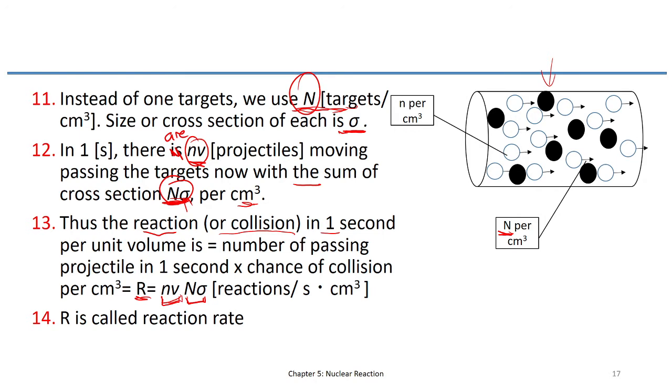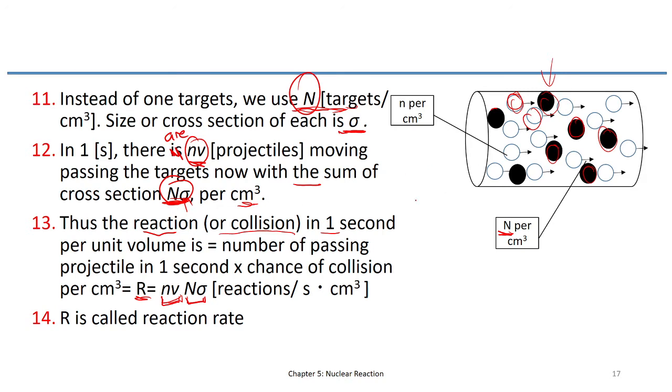So let's think that the moving projectile hits the target nucleus, and that gives us one reaction. Now we have a stream of projectiles and capital sigma cross section.